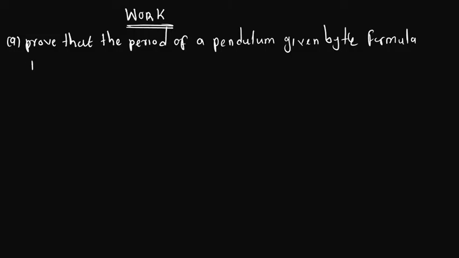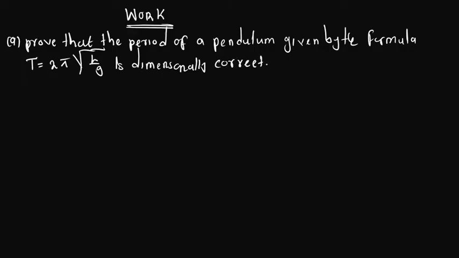The formula is T equal to 2 pi square root of some length over some g, is dimensionally correct. So we just want to prove if this formula is able to hold. Let's try to do some solution.